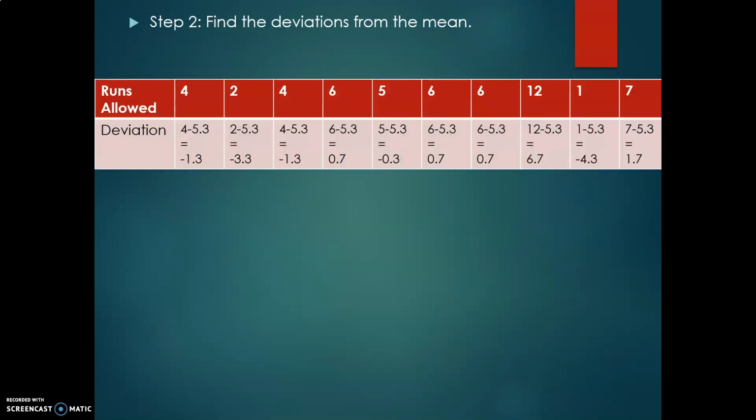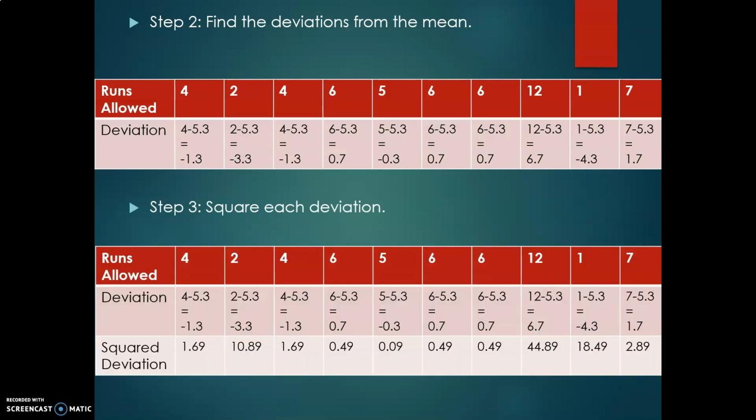Moving on to step 2, we're going to find the deviations from the mean. We simply take each value and subtract that mean from it. So take each value, like 4, subtract the 5.3, and that gives us our deviations, which, as we talked about before, if you add all those up, they give you 0, so it doesn't really help you. So you have to do something with it, and what you have to do is square each one of those deviations.